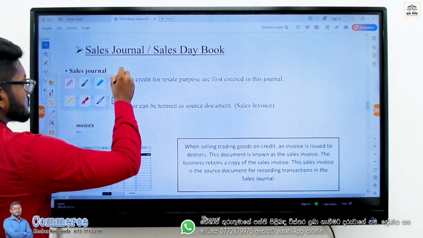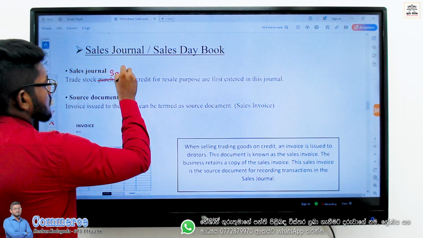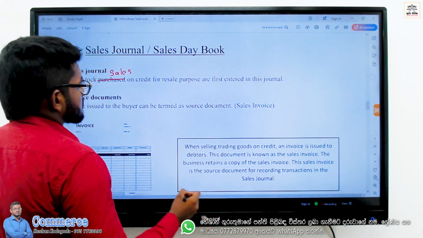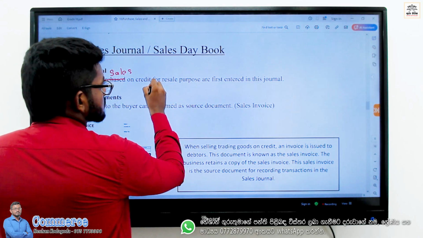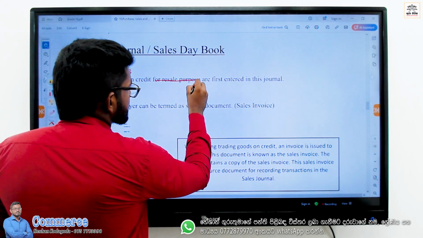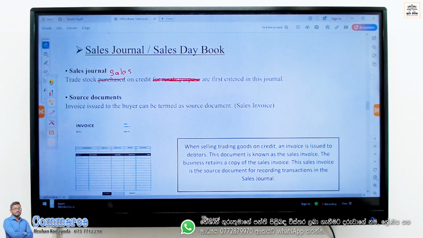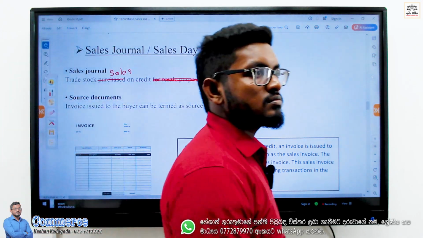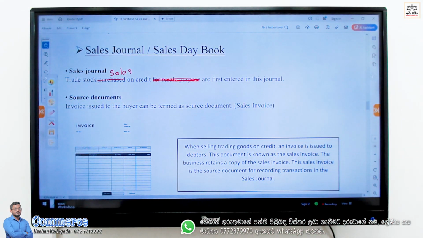Trade stock sales on credit basis. Remove the words for resale purpose. Are first entered in this journal. That's not time, it's commerce time. You can't do other work. I've removed that, now write it.